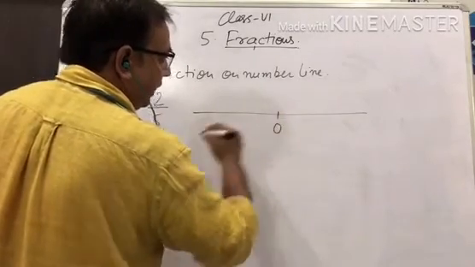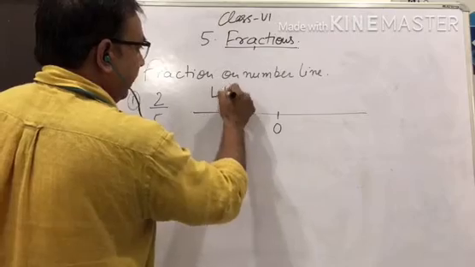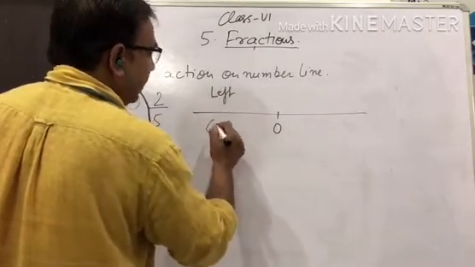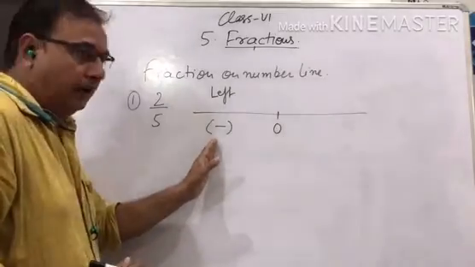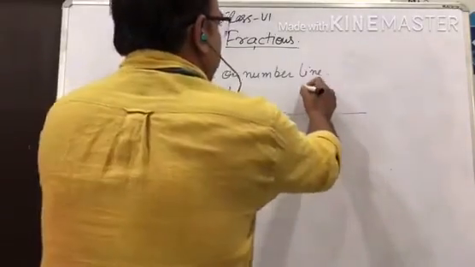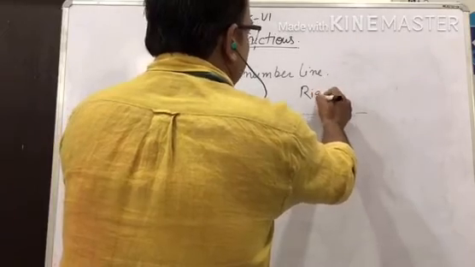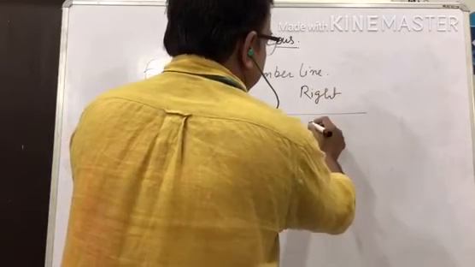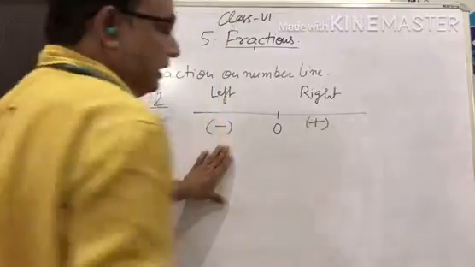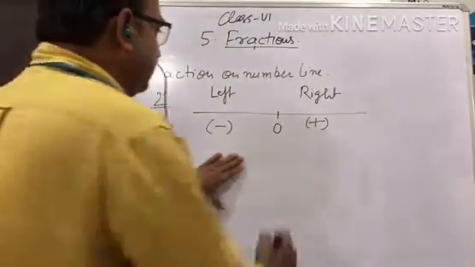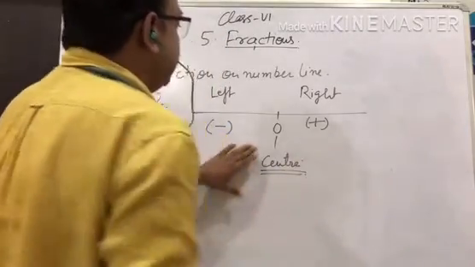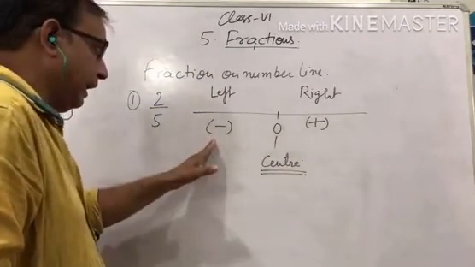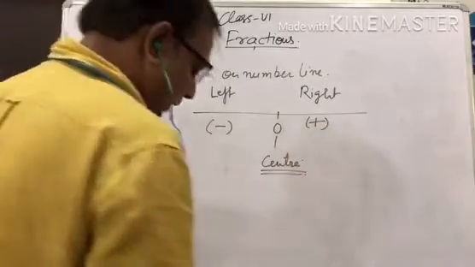So first I tell you about the number line. If we put 0 here, then the left portion is negative. We represent negative numbers on the left side and positive numbers on the right side. This is clear? 0 is the center, and the left indicates negative and the right indicates positive.